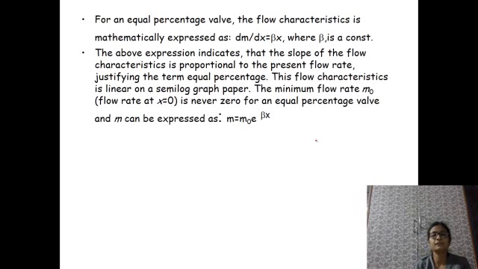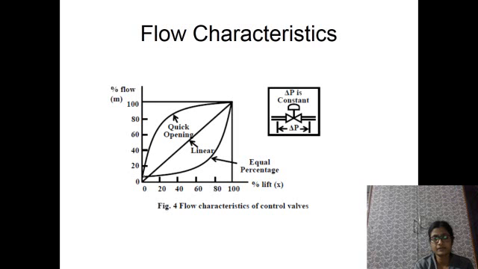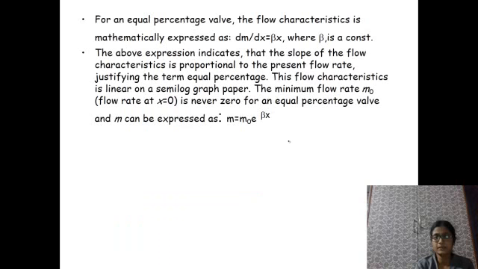The minimum flow rate m0, that is flow rate at x equals 0, is never 0. See, for linear characteristic, it starts from 0 position, but for equal percentage it starts with a minimum value, that is a constant value called m0 here. So the minimum flow rate is never 0 for an equal percentage valve, and m can be expressed as m equals m0 e to the power beta into x.